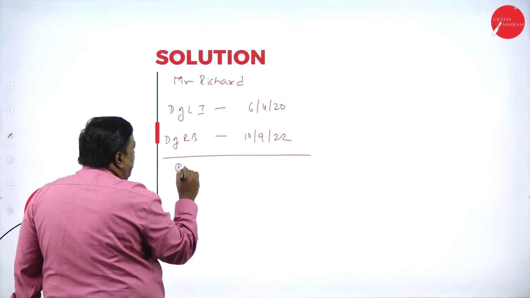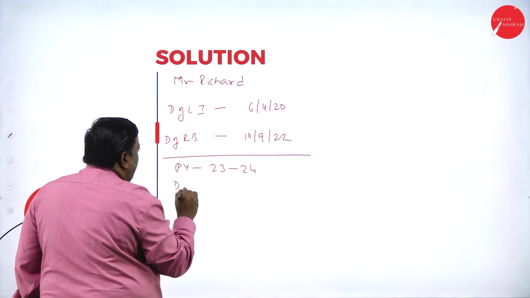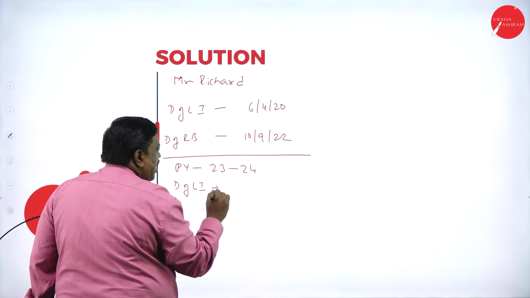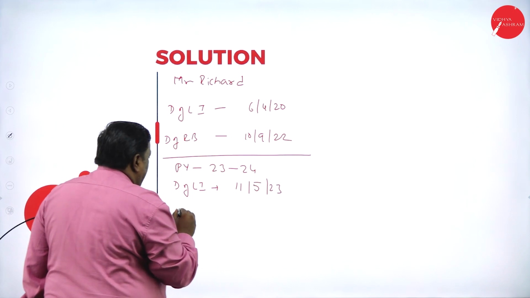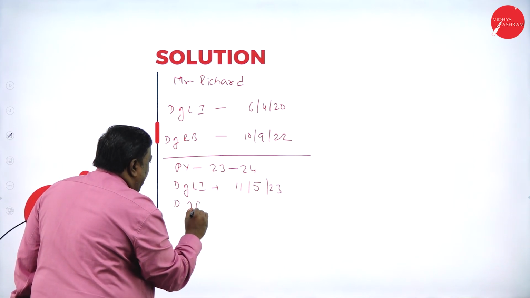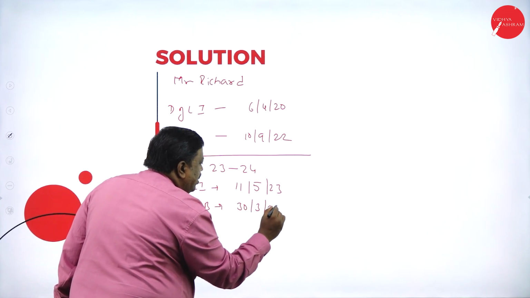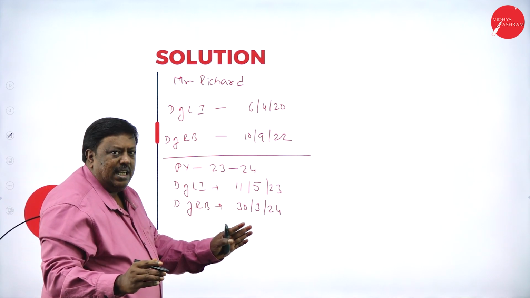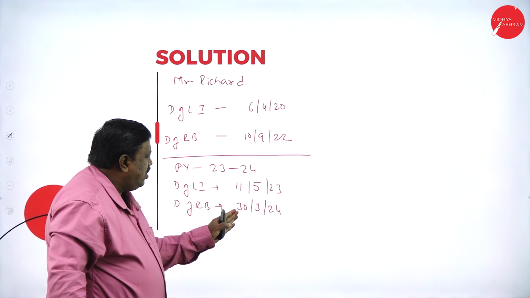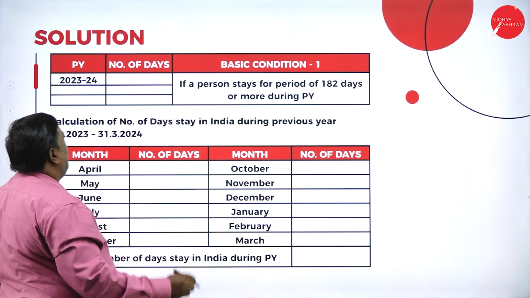During previous year, 2023-24, date of leaving India, it is 11th May 2023. Date of returning back, 30th March 2024. So up to 10th May, I was in India, and from 30th March 2024, I was in India only. So let us determine that one.